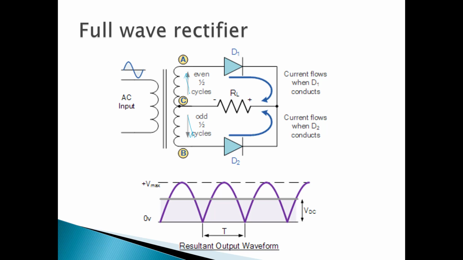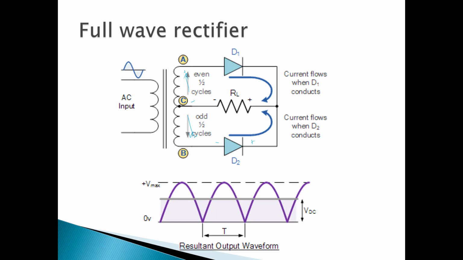So as you might guess, if this is positive and this is negative, or ground we can call it, then this diode turns on. But this diode would turn off because I've got a positive signal over here and negative here.